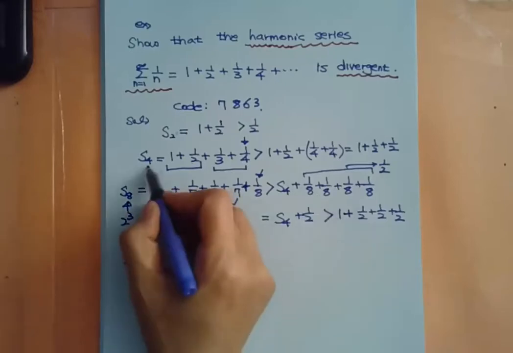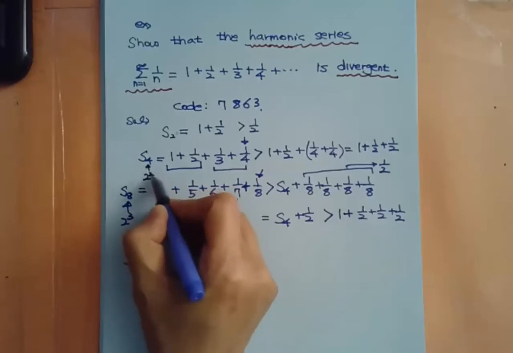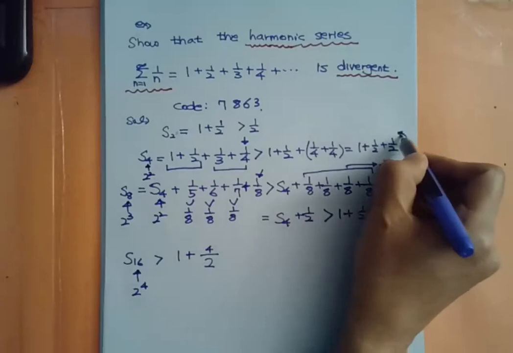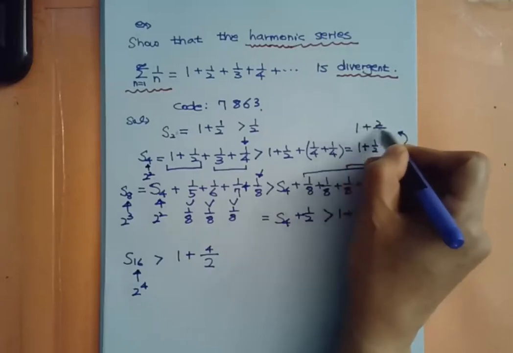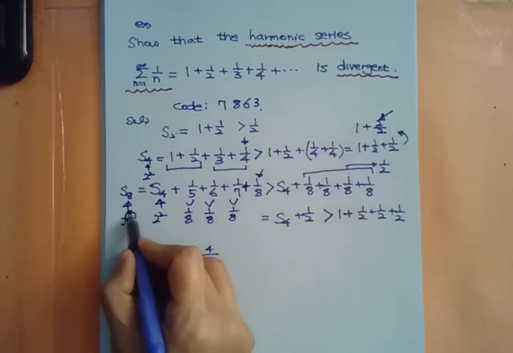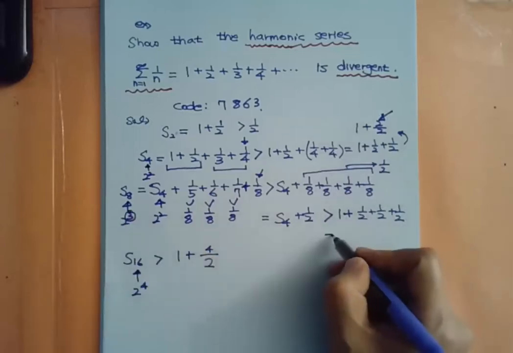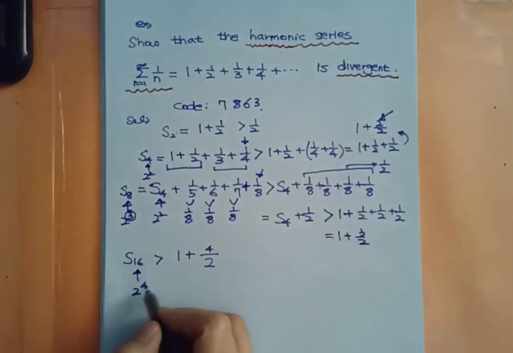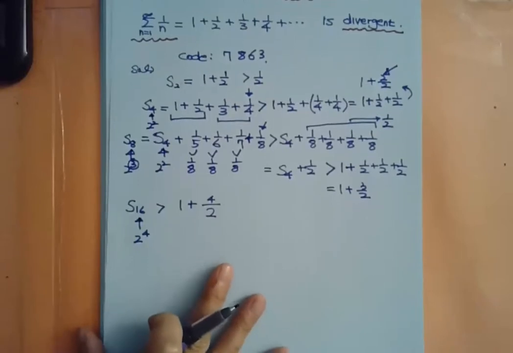When this is 2 squared, that is 1 plus 2/2, right? When that is 2 cubed, that is 1 plus 3/2. And when that is 2 to the 4th power, that is greater than 1 plus 4/2.